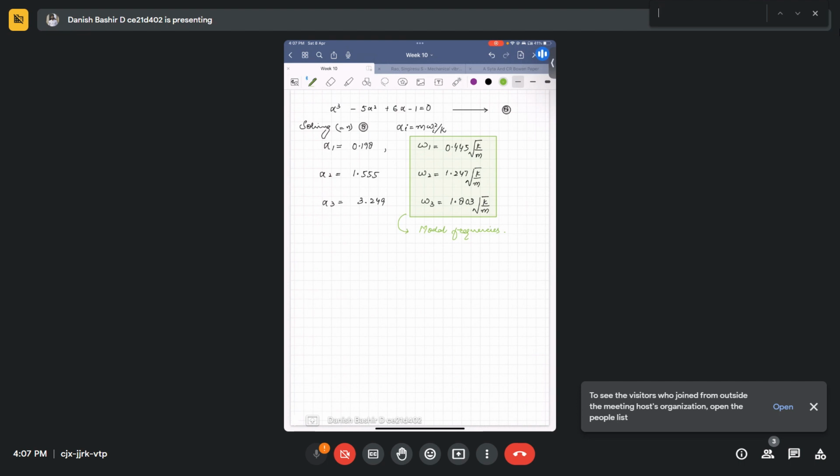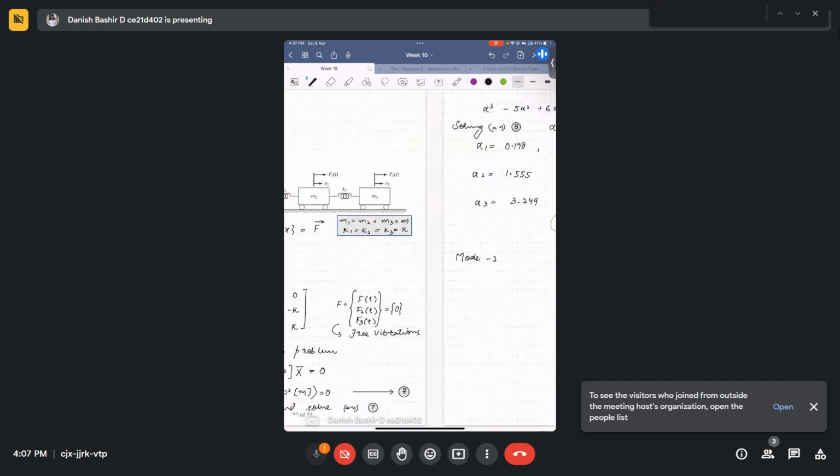So for the mode shapes, mode 1: this is equation 7.